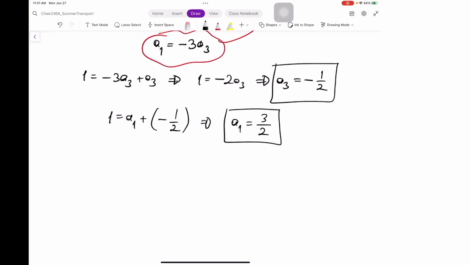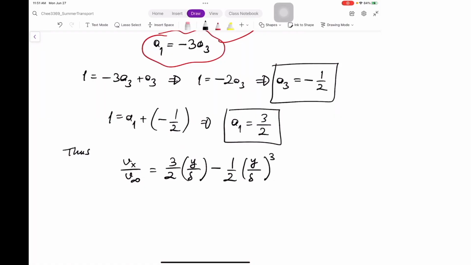Okay. Thus, our equation is Vx over V infinity is equal to 3/2 y over delta minus 1/2 y over delta cubed. So that's the approximate velocity profile, approximated up to third order polynomial.